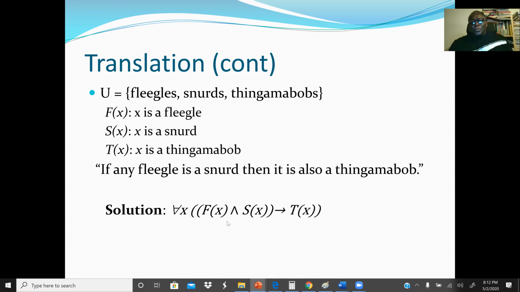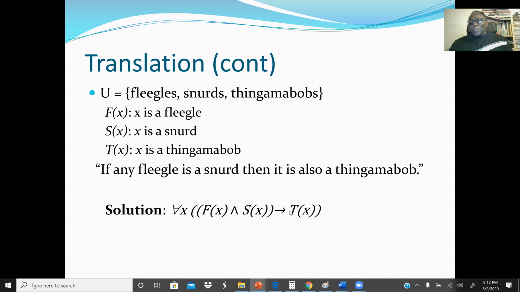Now F(x) is frigo, S(x) is snot, T(x) is tingamabob. Now the sentence says, if any frigo is a what? A snot. So F(x) and S(x). Then implication. Remember we did this in the previous lectures on propositional logic.